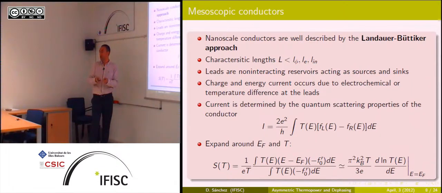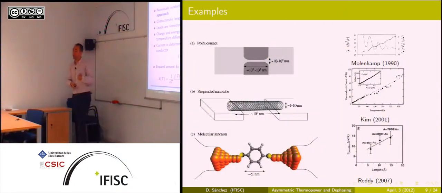For instance, particle-hole symmetry. If your system has particle-hole symmetry, then independently of the temperature, the thermopower is zero. That's why you can distinguish between electrons and holes using thermopower. If you're able to build a system with a particle-hole asymmetric transmission, then the thermopower is going to be different from zero.